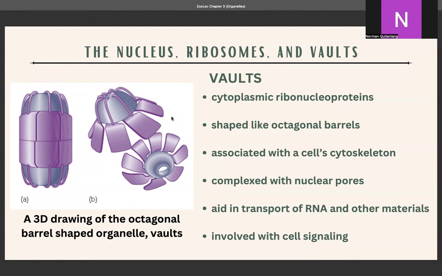They have some functions when it comes to communication within the cell. Currently, scientists are still figuring out what makes up vaults and what their primary function is within the cell. So that's just an interesting fact regarding vaults.